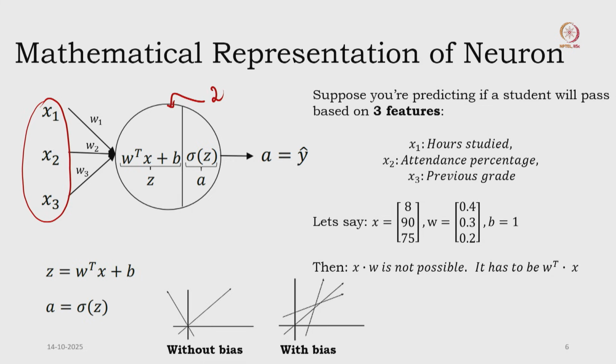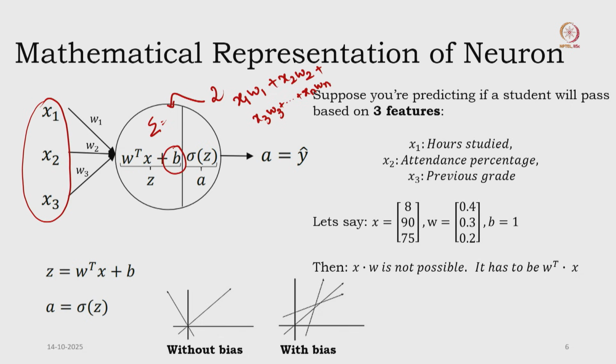One is the summation part. What exactly is the summation here? Summation is where we multiply all of these inputs with their associated weights. So we have x1 w1, x2 w2, and x3 w3, and so on up to xn wn. This is the first part, and then we have something called bias.